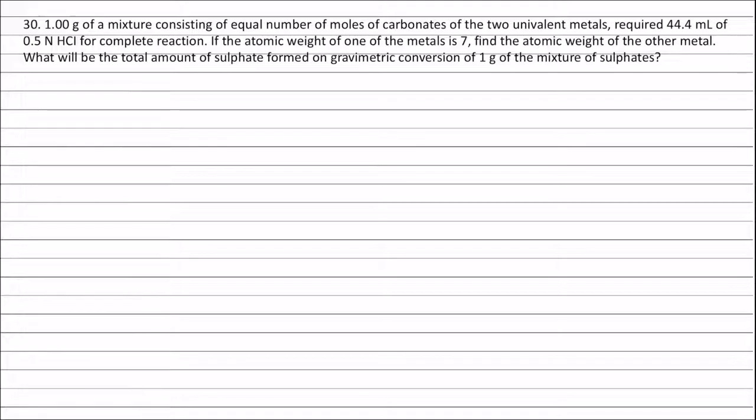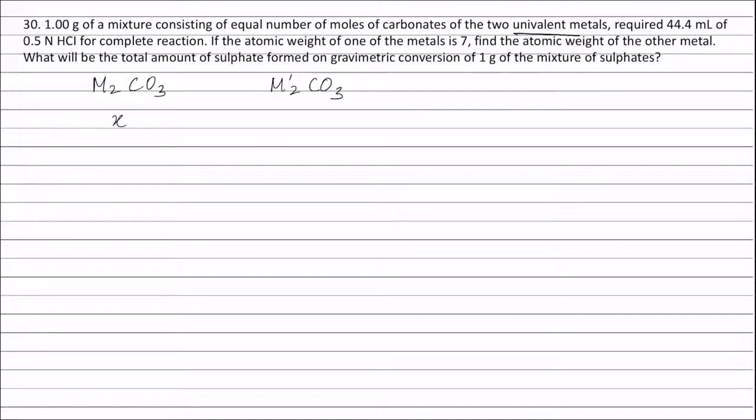Let the molecular formula of one of the carbonates be M2CO3 and the other carbonate be M'2CO3, where M and M' are the two metals. Now both the metals are univalent and the number of moles of carbonate is same. Let the weight of M2CO3 be x grams.